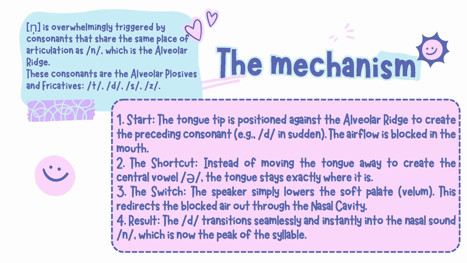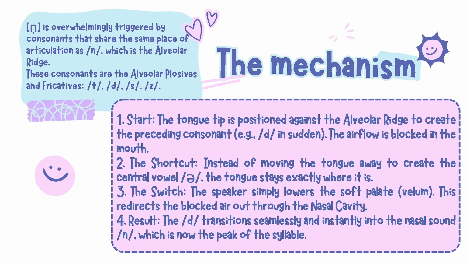The mechanism. I use sudden for the example. First, the start. The tongue tip is positioned against the alveolar ridge to create the preceding consonant. The airflow is blocked in the mouth. Second, the shortcut.